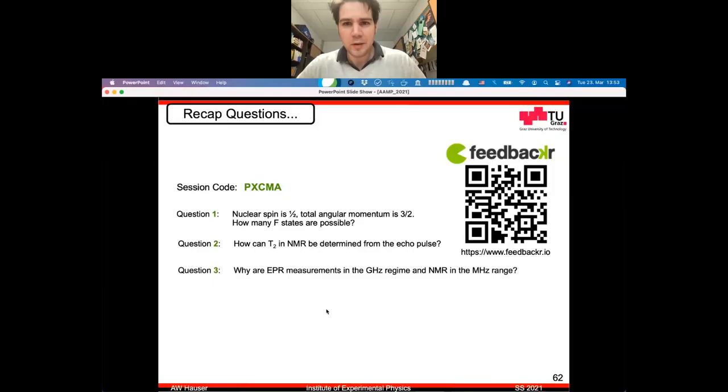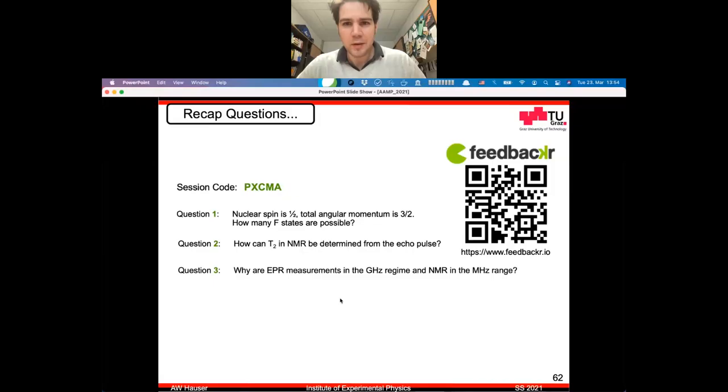Because it's relative positions, and if the nuclear spin is 1/2, it can be up or down with respect to the 3/2 position of the angular momentum. And this gives us 2/2, which is 1, or 4/2, which is 2. So these are the 2 possible states for F. That was 2/3 who got it right, which is okay.